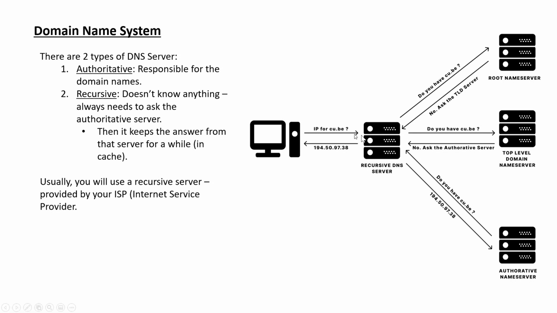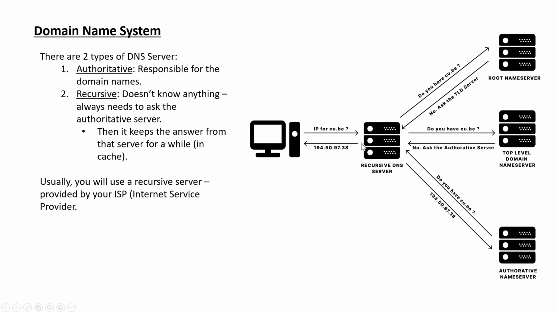So we just ask the recursive DNS server, what is the IP address for, for example, qu.b or google.com or whichever other website the client is looking for, and the recursive DNS server goes off and does all of the other work.